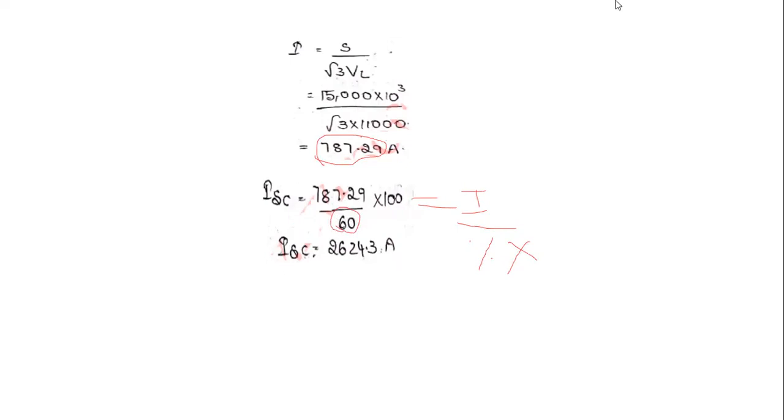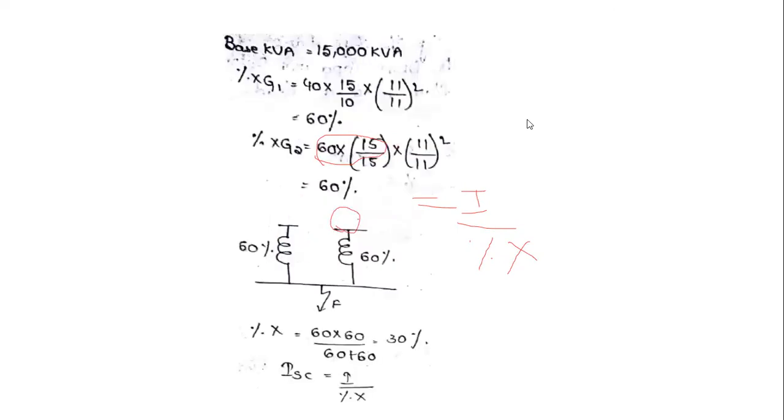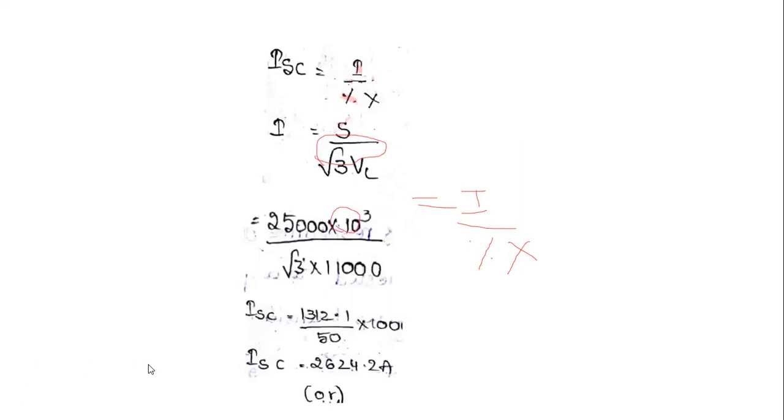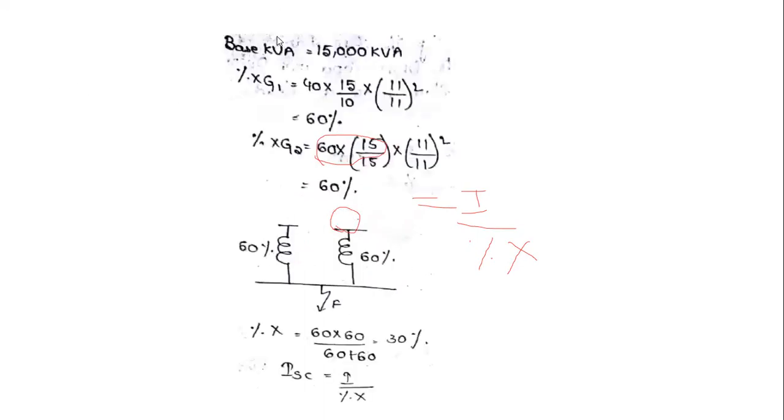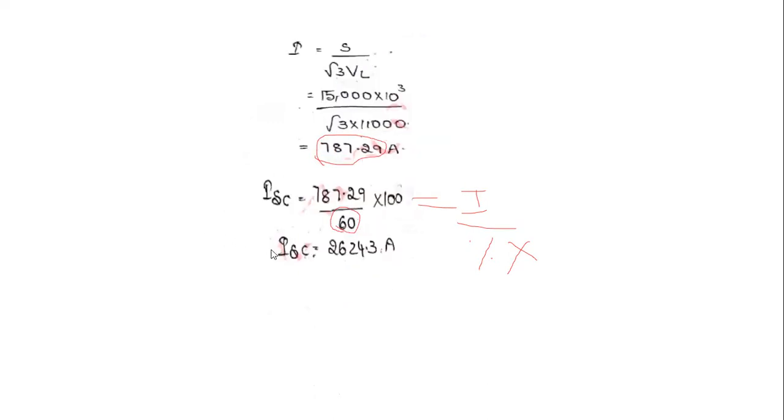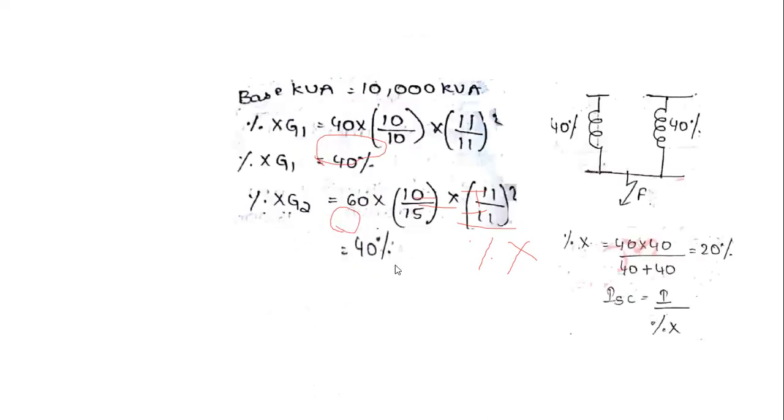Then we obtain the short circuit current in case 2. What was the short circuit current in the previous case? 2624.2 amperes. In the present case also, the short circuit current is 2624.3 amperes. If we take any base value, we obtain the same value for the short circuit current.